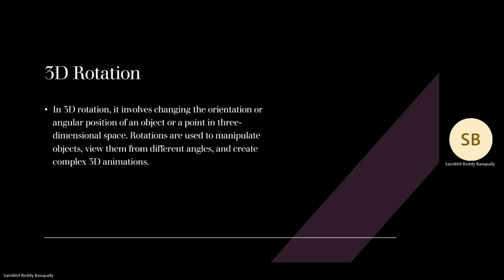Now let's talk about 3D rotation. 3D rotation involves changing the orientation or angular position of an object or a point in 3D space. Rotations are used to manipulate objects, view them from different angles, and create complex 3D animations.